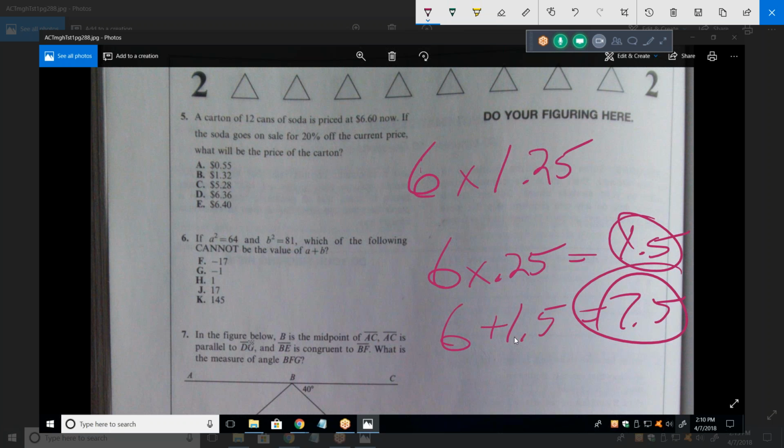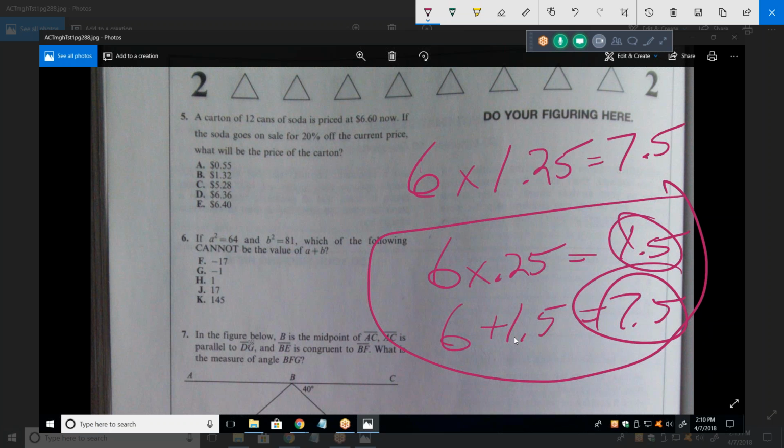So that's the answer. But I did it in two steps. Why not do it in one step? You can use your calculator here. That's 7.5. And it's in one step. You see the difference between one step and two steps?